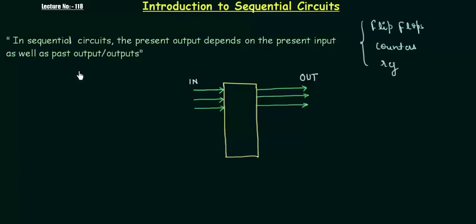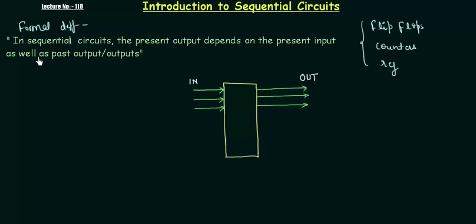When we talk about the sequential circuit, it becomes important to talk about the combinational circuit at the same time, because half of the definition of the sequential circuit is the combinational circuit. Let's see how. This is a formal definition of a sequential circuit.